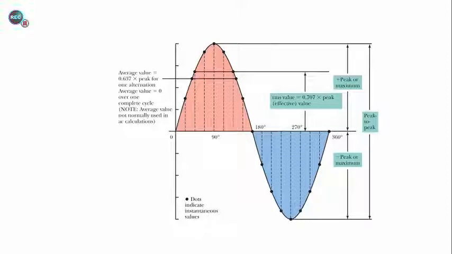Rather, the root mean square of the voltage over time is going to be about 0.707 times the peak. And so, for example, let's say that the peak value here was 10 volts. The RMS value would be 7.07 volts. This AC sine wave would be dissipating the same amount of power as a DC circuit that was at 7.07 volts.